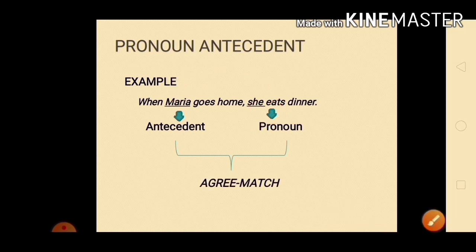And remember that antecedent and pronoun should agree with each other or match with each other. For example, if the pronoun you are using is she, it is because the noun is a girl. But if the noun is a boy, then you must use a pronoun that can refer to a boy.